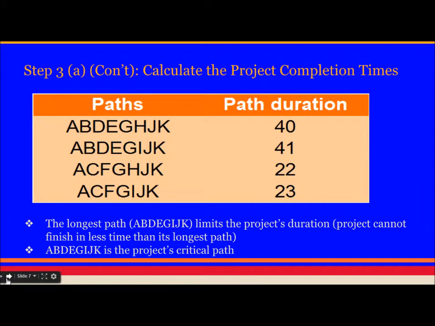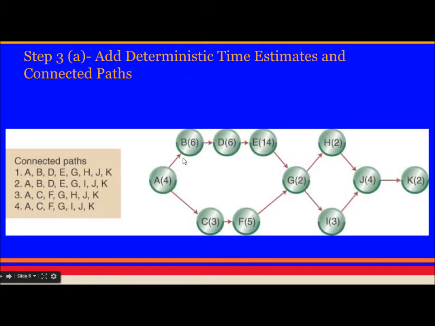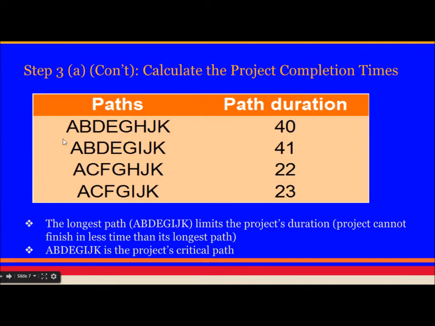Now adding the duration of each connected path, using the durations given in the brackets, we come up with these numbers. Path 1 has 40, path 2 has 41, path 3 has 22, and path 4 has 23.